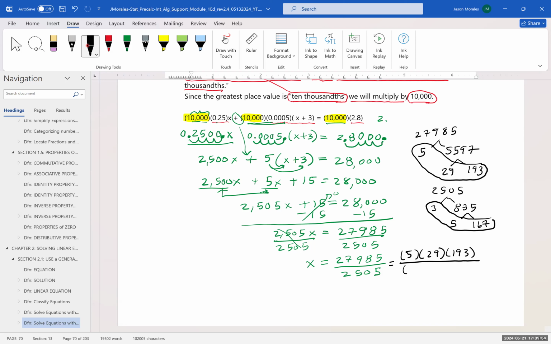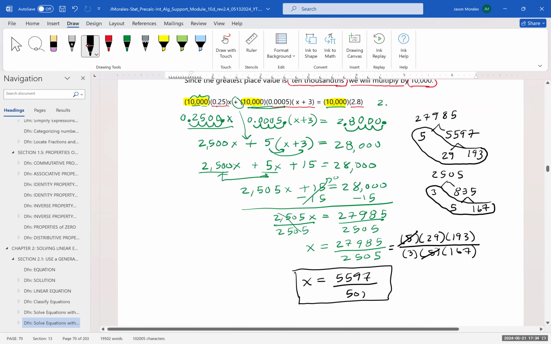So 2,505 is 3 times 5 times 167. You'll notice we have a common factor of 5 we can cancel out. So that leaves us with 5,597 divided by 501. And I'm going to leave this as an improper fraction.